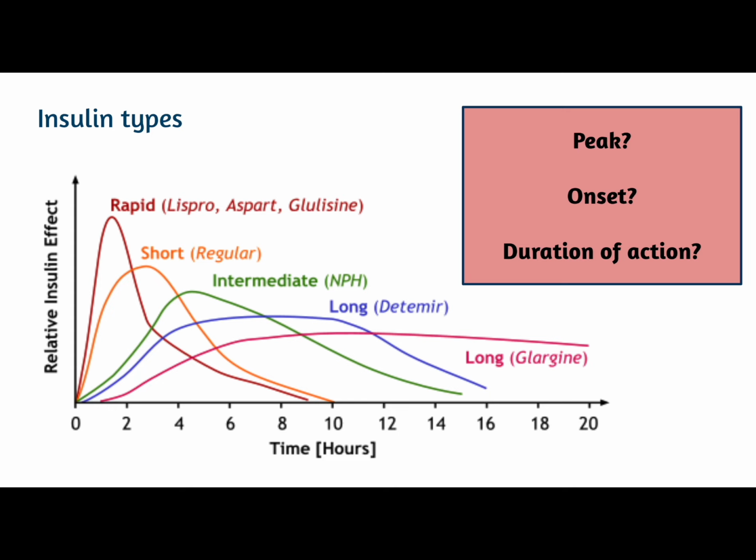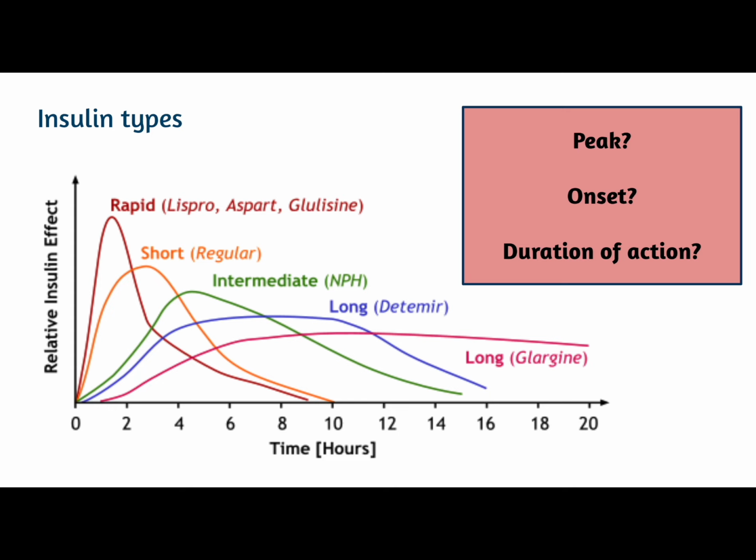And here we need to understand, in order to choose the insulin types for the patient, we first have to understand the peak of the insulin action, the onset of the insulin action, and how long it exerts its effect in the body.